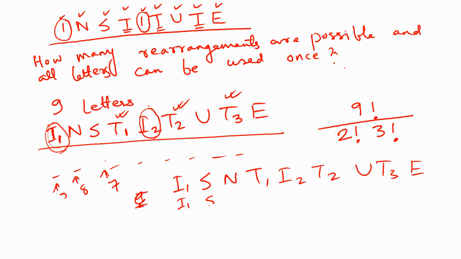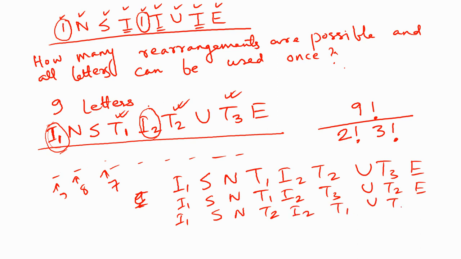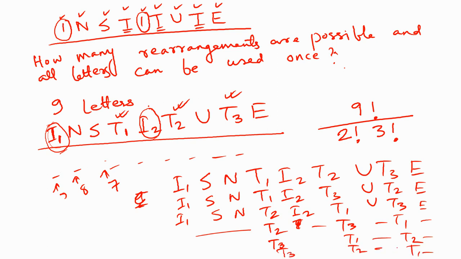Let's say the same arrangement with T3, U, T2 in these spots. And the same one here with T2, T1, U, T3, E. Again here T2, T3, T1. And the rest are all the same. Let's say this is T3, T1, T2, and this is T3, T2, T1. These arrangements are all the same.